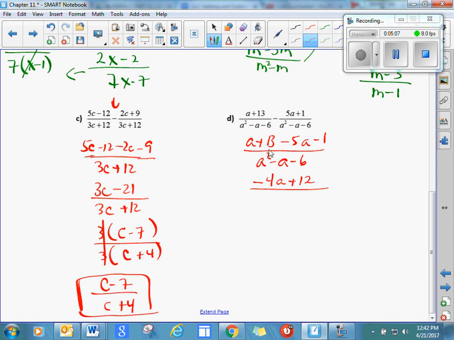In the denominator, I'm going to go ahead and write this factored. I'm going to use the quick AC method, what multiplies to -6 and subtracts to -1, and it would be a minus 3, a plus 2.